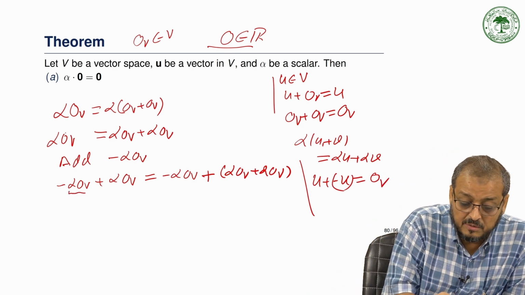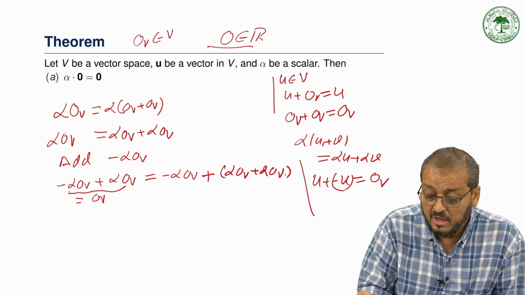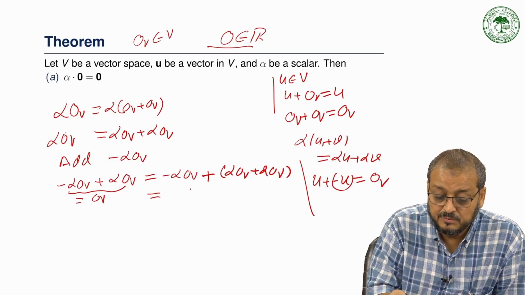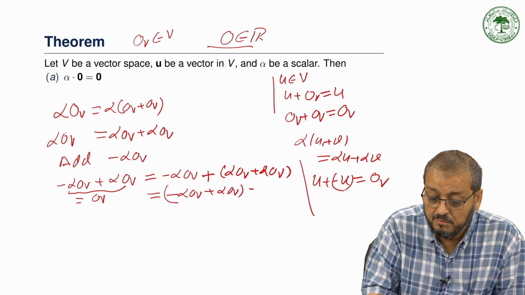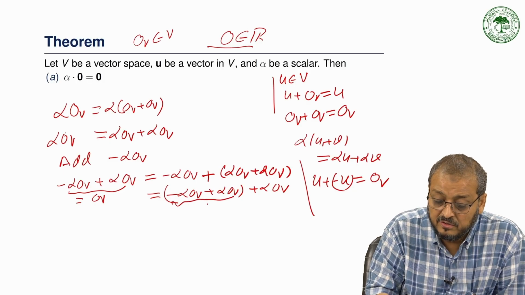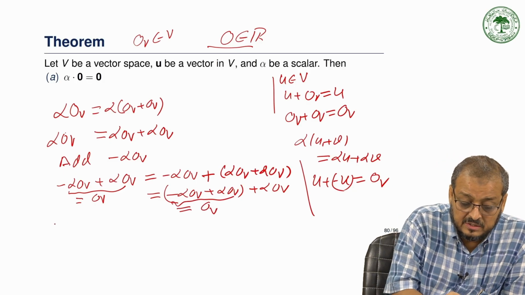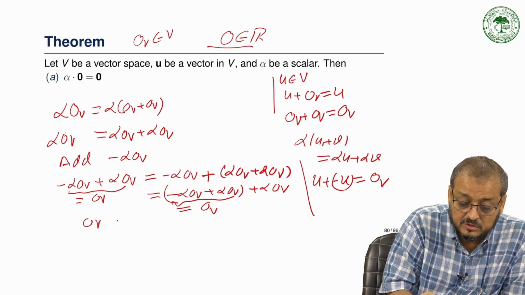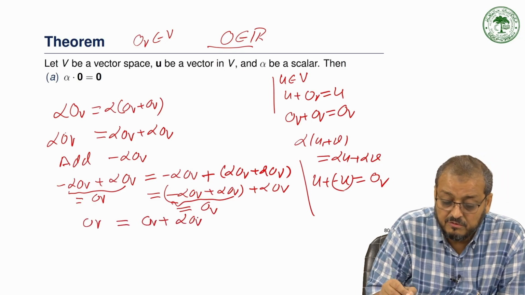So, this gives you 0 of V, and now because it is a vector space, this can also be associated: minus alpha times 0 of V plus alpha times 0 of V, plus alpha times 0 of V, and then again this is nothing but 0 of V. So, the left hand side is equal to 0 of V, which is equal to 0 of V plus alpha times 0 of V.